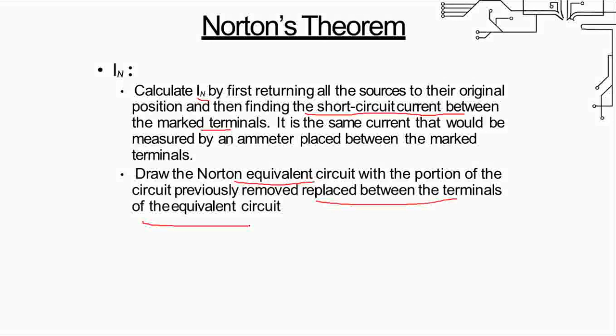As like Thevenin's theorem, we were using the voltage source VOC, Thevenin's resistance RTH and RL. In Thevenin's theorem, we were using this source VOC, then Thevenin's resistance RTH and the load resistance.